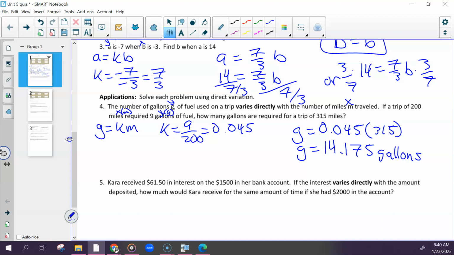Some of you were copying each other and just put 14.75 or 14.15. Neither of those was right. Okay, so the points on this one were, did you set up your original equation, get the correct k value, work to solve for g, and the correct g with the label. Just putting 14 point whatever g is not a label, because I don't know what that means. Questions on that?